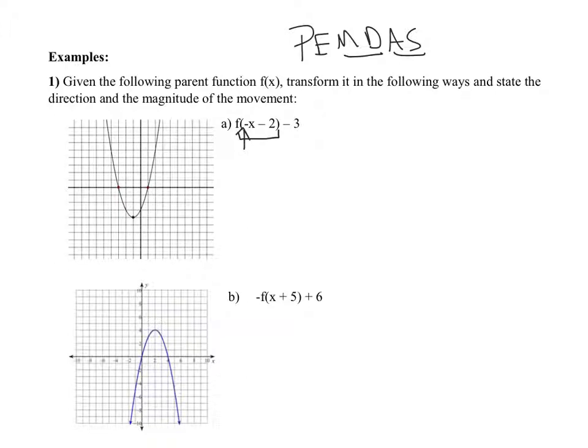So when we do negative x, that's reflecting it through the y-axis, right? So we change x's sign, reflecting it through the y-axis. I'm not going to write this every time. That was a bad idea. Okay, so this point right here, if I reflect it through the y-axis, it's going to be right there.